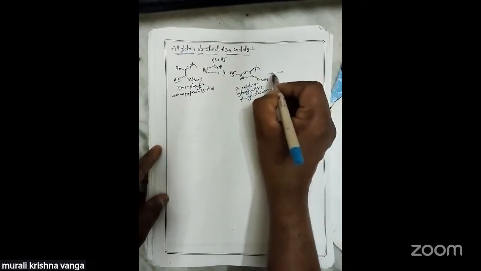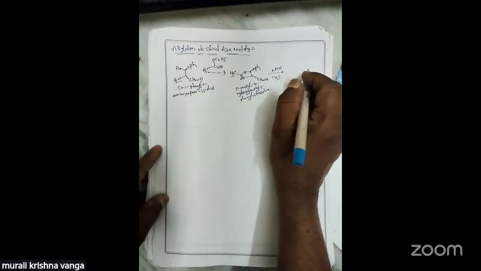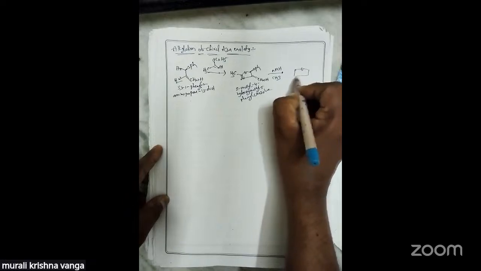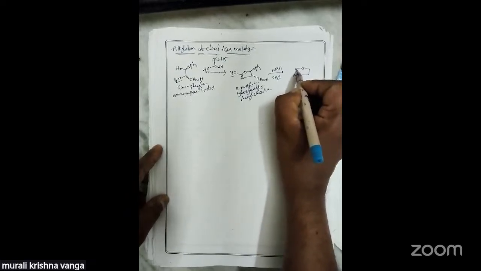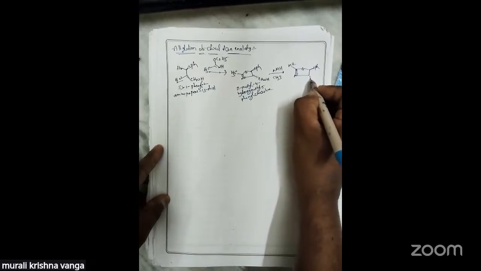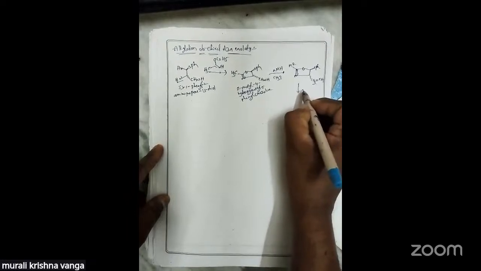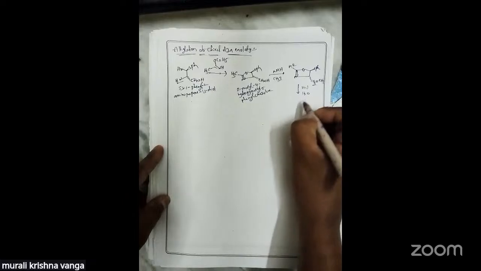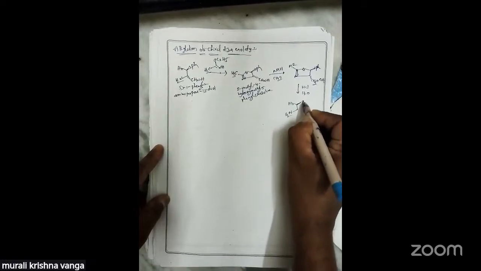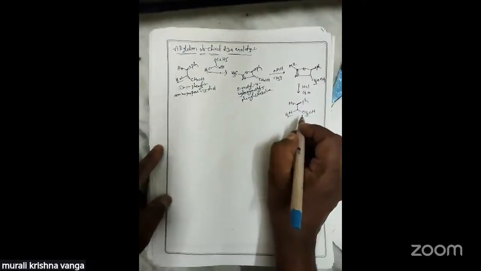Then this compound, when reacting with sodium iodide, then methylation, then gives this chiral auxiliary.